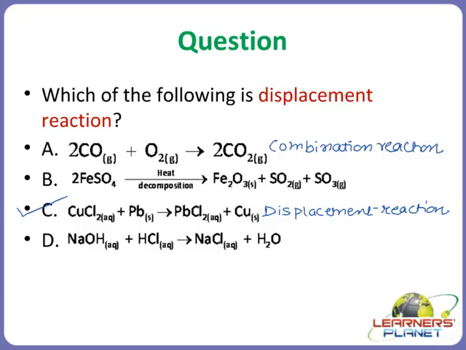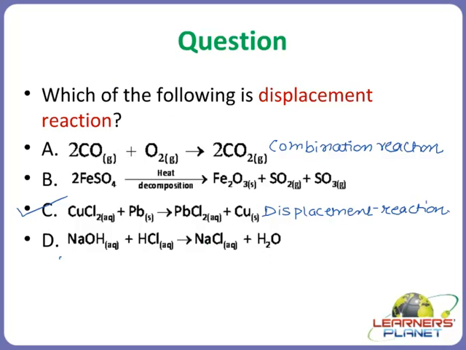Now let's see what type of reaction this is. NaOH aqueous plus HCl aqueous gives NaCl aqueous plus H2O. So a base is reacting with an acid and forming salt and water.